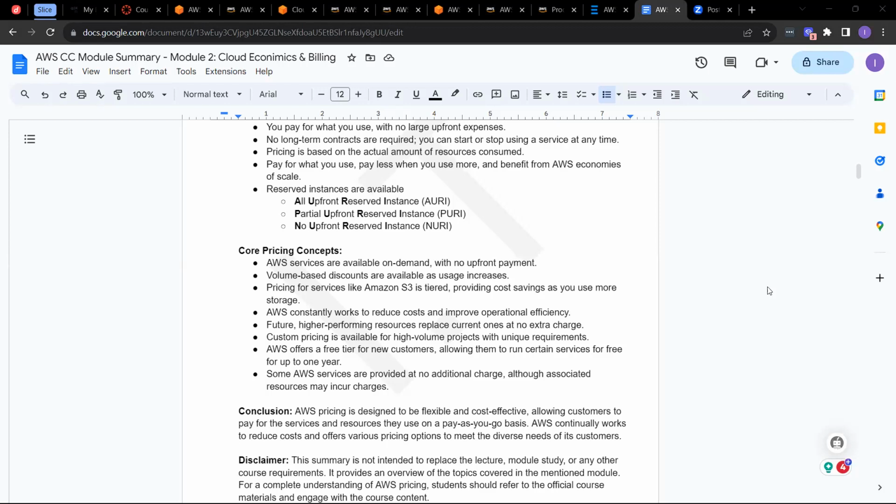Yeah, so for the saving plans, those are for when you are using the on-demand services, right? You know the instances: there is the on-demand, there is the spot instance, and then there is the reserved instance. For the on-demand, you are charged per hour rate.